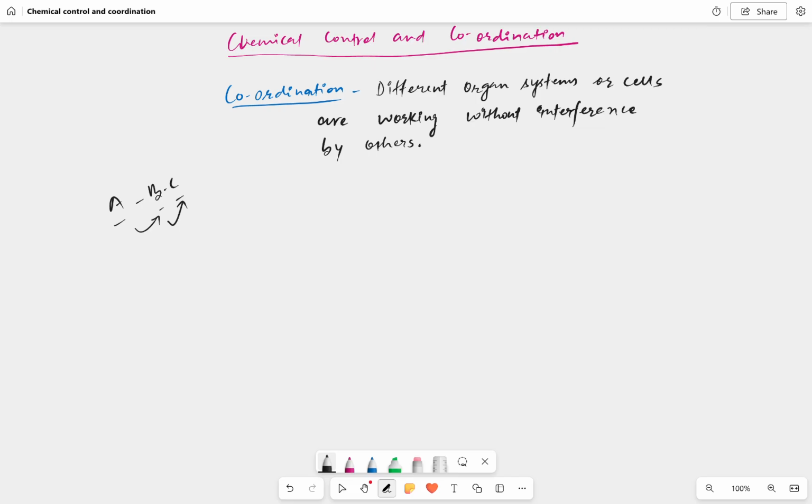Now let's move to the next. After coordination, there are two major systems which have their role in this control and coordination.